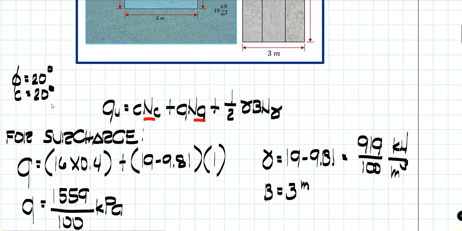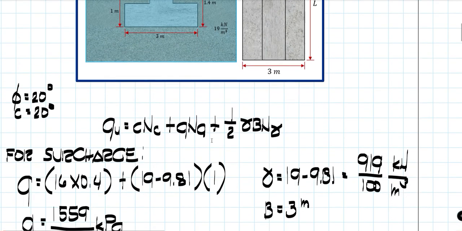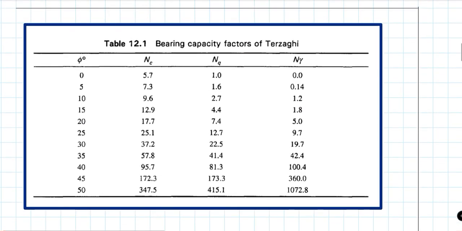So, ang first thing to do or ang ating pagkukuhanan ni bearing capacity factors is, sabi sa problem, kuha ka daw, it's either on the Terzaghi table or alternative equation for bearing capacity factor. So, unahin natin kunin sa Terzaghi table. So, which is this one.